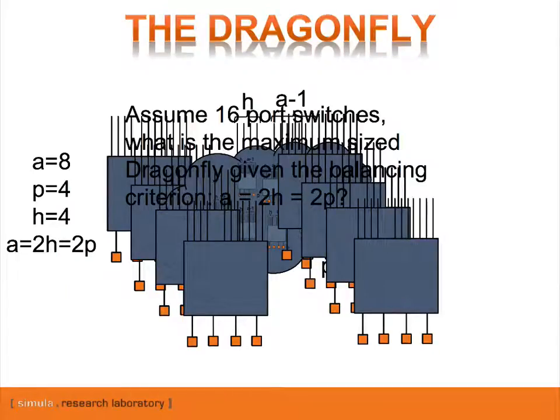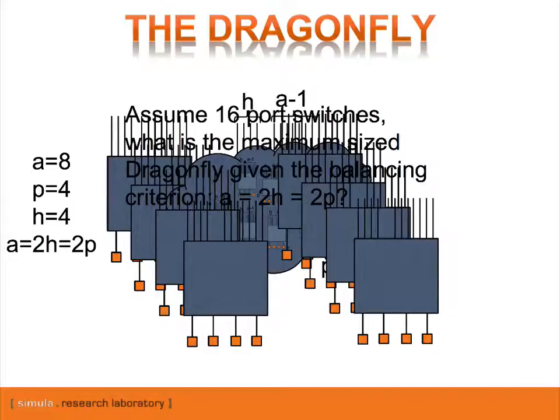So this is the graphical representation of the Dragonfly. You have the intergroup topology in the big cloud up there, and then you have the group topology, which is replicated lots of times around this huge cloud. And the group topology itself consists of a number of switches, and every switch is connected to a number of processors. So there are 3 parameters defining the topology. You have A, which is the number of switches in the group.